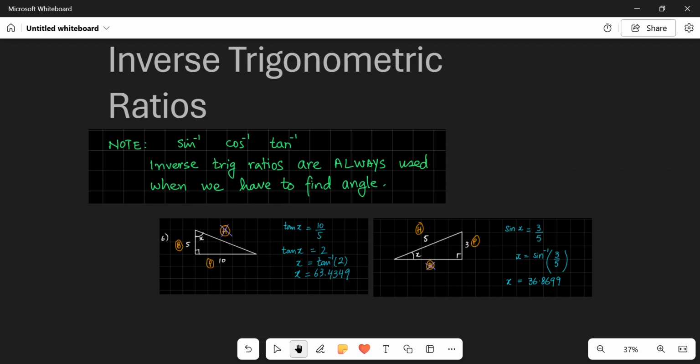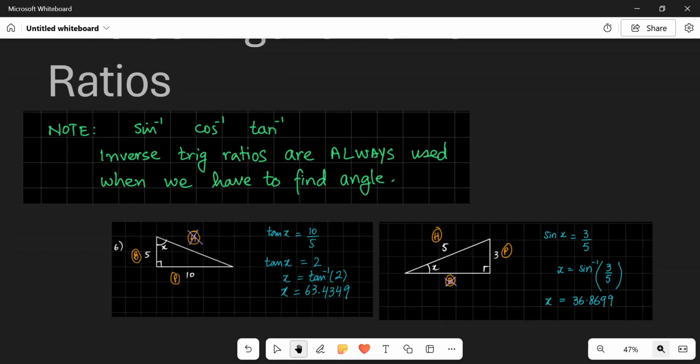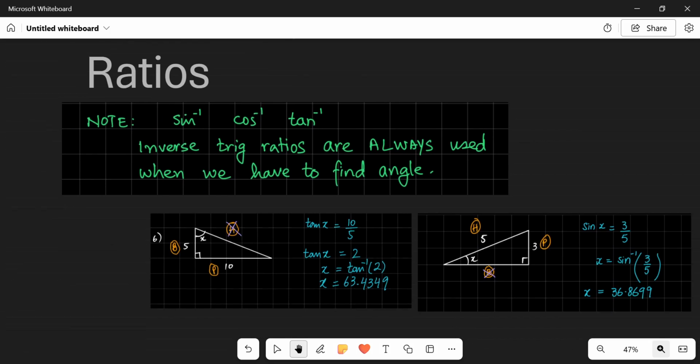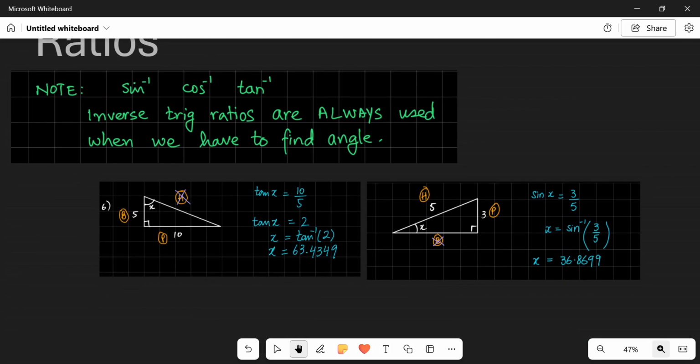But when the question asks you to find the angle, we need to use the inverse trigonometric ratios, right? Here it is written as a note: sine minus 1, cos minus 1 and tangent minus 1. Inverse trigonometric ratios are always used when we have to find the angle. So keep this in your mind.